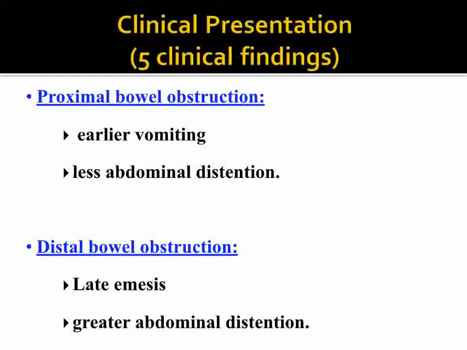While if a baby is presented after 3 or 4 days of life with marked abdominal distension and vomiting for one or 2 days, this means that the obstruction is at the level of the distal intestine, maybe the distal ileum, colon, rectum, or the anal canal.